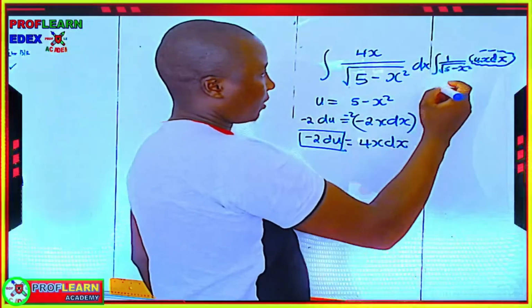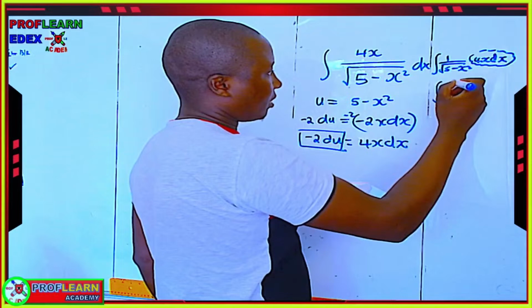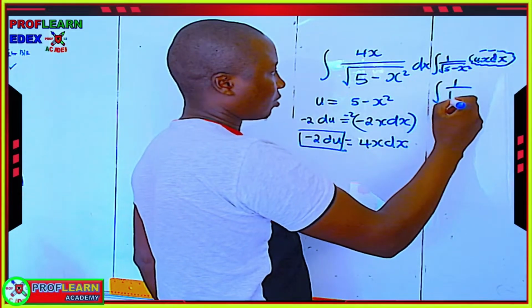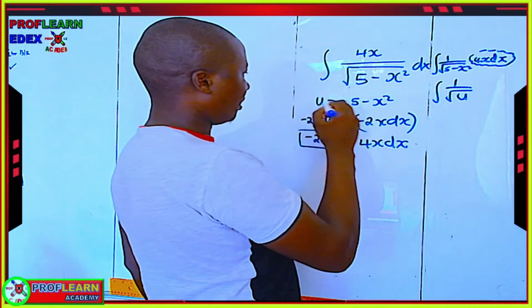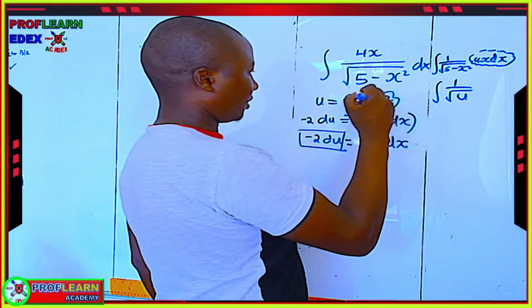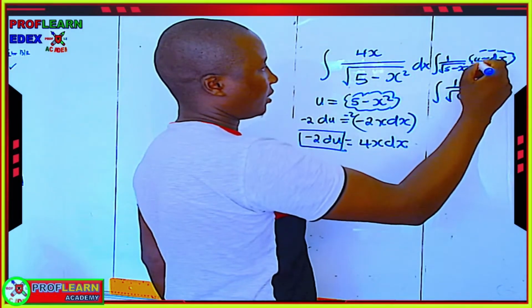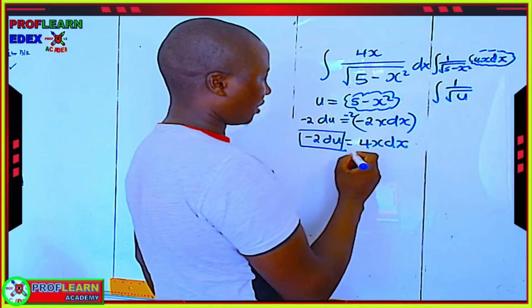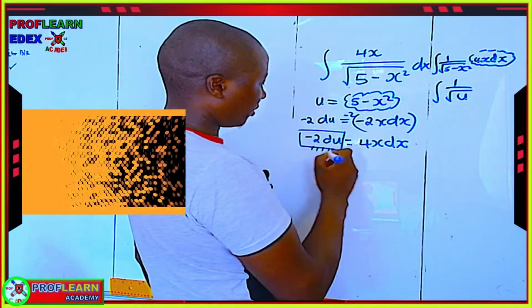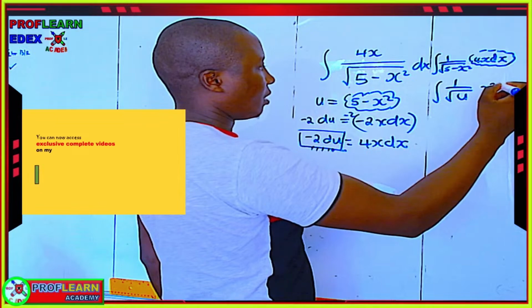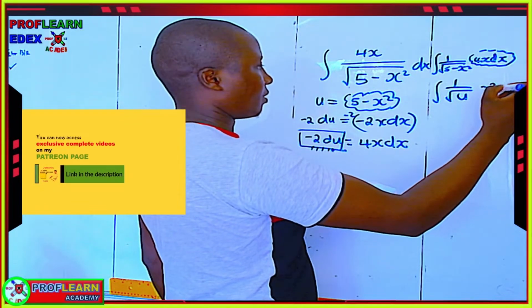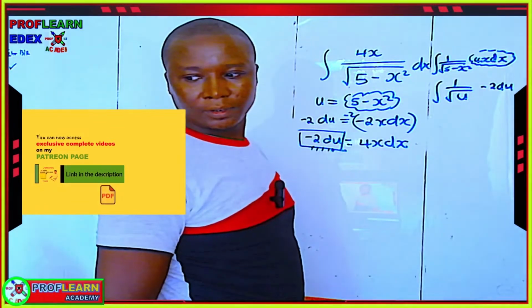Now, this part that we are having down here can be replaced with 1 over square root of u, because we had said u to replace this. And this 4x dx can be replaced with what? This part we have here, -2 du, right?